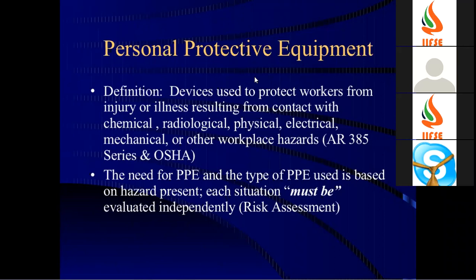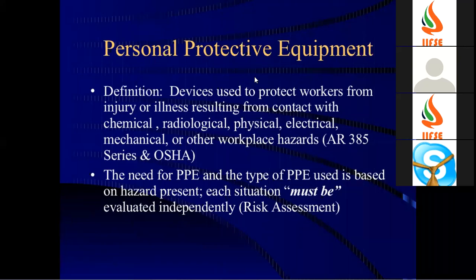A person, when exposed to the environment and to different working activities in his workplace, faces many hazards. Hazards can be classified into many types: chemical, radiological, physical, electrical, mechanical, or biological also.